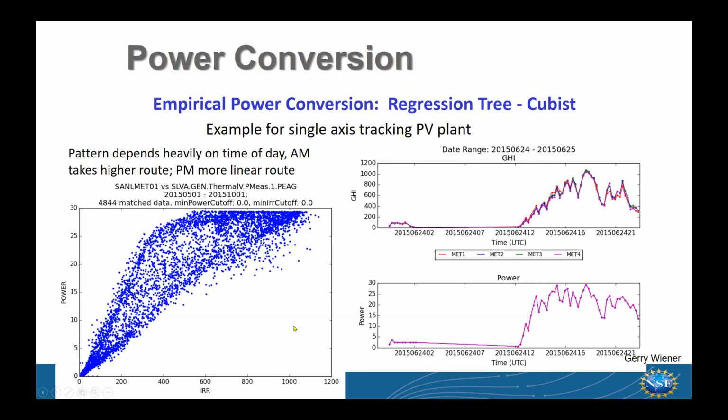On the left, you see a scatter plot. You see it's rather complex. It depends on the site, but when we separate this by time of day and train power, Gary Wiener has been leading some of this research, we see it's pretty typical to get a very good match with errors on the power conversion only on the order of about 2%.